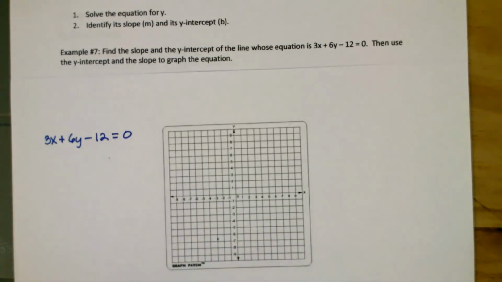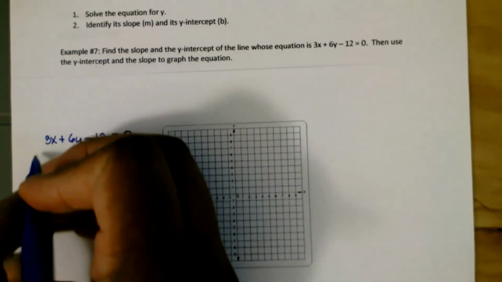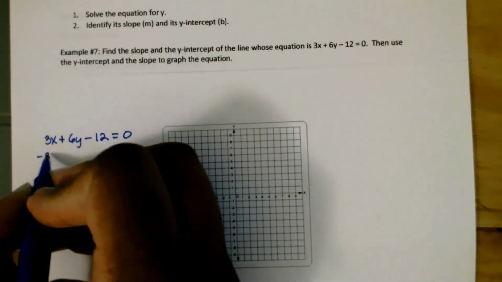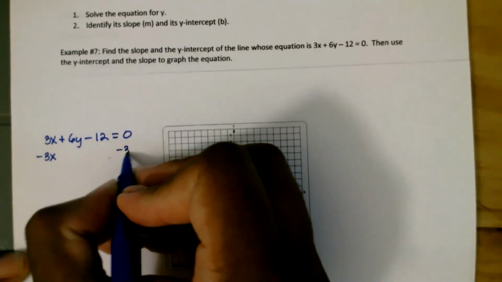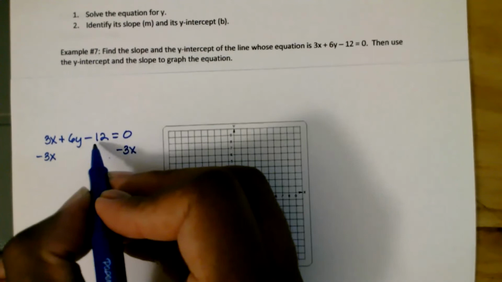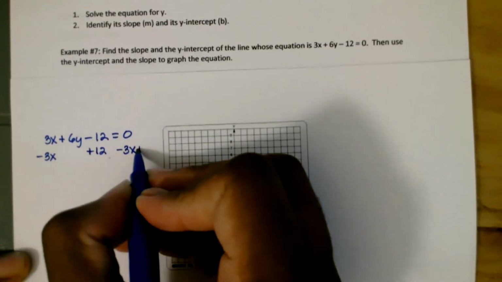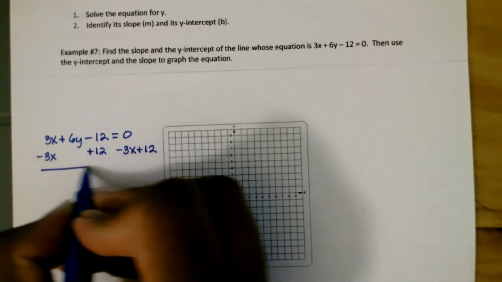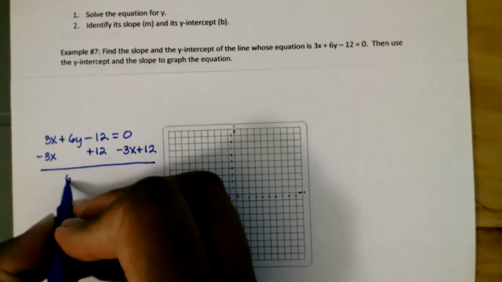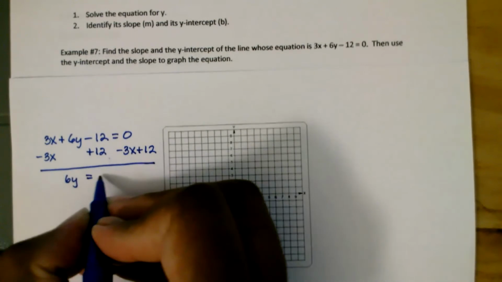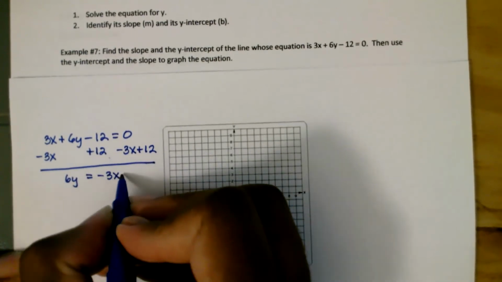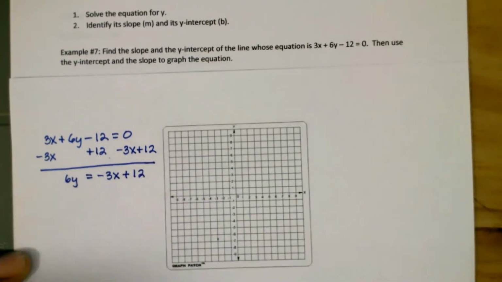It's a positive 3x, so I need to subtract 3x on both sides. And since I have the minus 12, I might as well go ahead and add 12 to both sides. That means that 6y is equal to negative 3x plus 12.